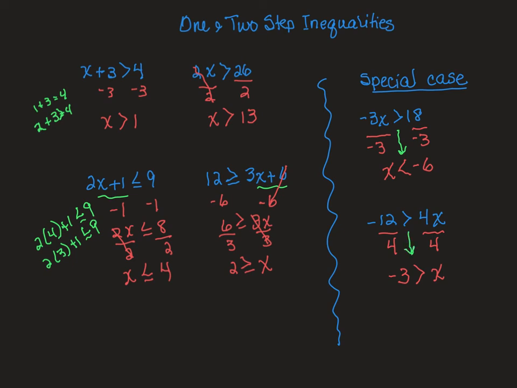It's only if the coefficient attached to the x is negative, like it is here, where the coefficient is negative 3. If the coefficient being multiplied or divided by the x is negative, that is the only special case where you flip the sign. I did not flip the sign in the second one because the x was already positive. It was 4x.